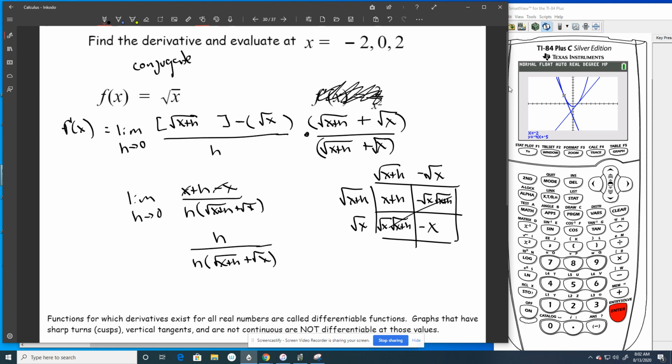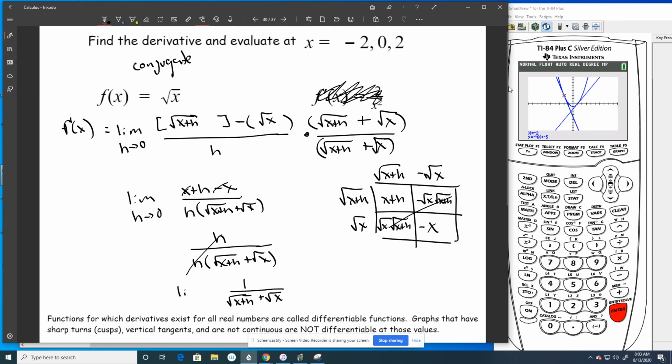And the nice thing here is my h's cancel, the top and the bottom. So I'm left with 1 on top, and I've got what on the bottom? Root of x plus h plus the root of x.